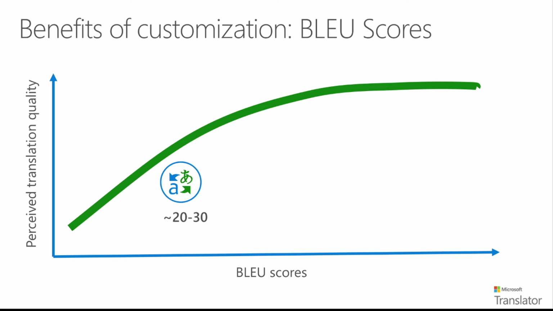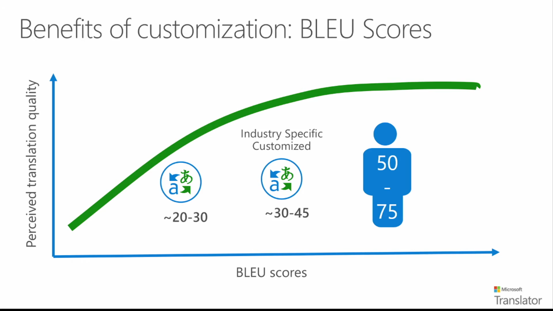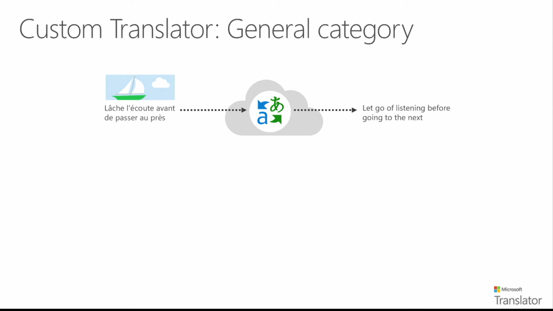If you are familiar with BLEU Score, which is a common method to compare the automatic translation to a human reference translation, then you will get about a 10 to 15 point increase out of it. Let's take an example out of, say, sailing terminology.